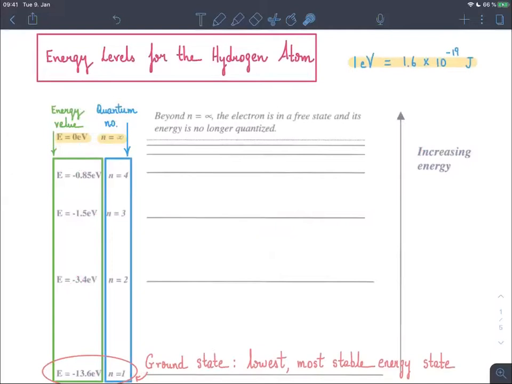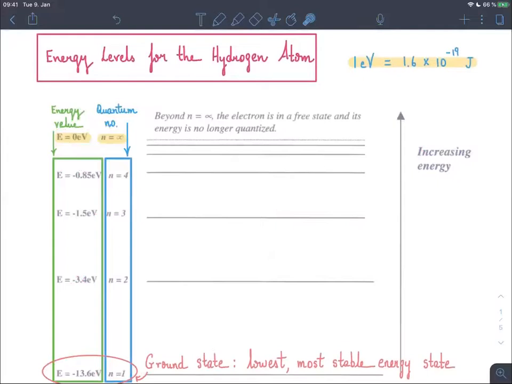In fact, it is at the very top of the energy ladder. We will come to its significance shortly, but for the moment, please understand that if 0 electron volts is a maximum value of energy, then obviously all the lower energy levels must be negative.